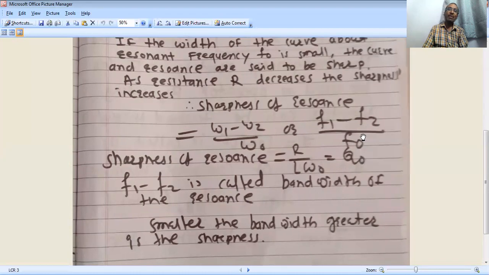F1 minus F2 is smaller when R is small. As R increases, bandwidth increases. As R decreases, bandwidth decreases. Thus, the bandwidth, and hence the sharpness of resonance, depends totally upon the value of resistance R.